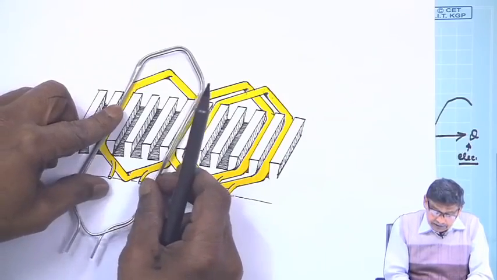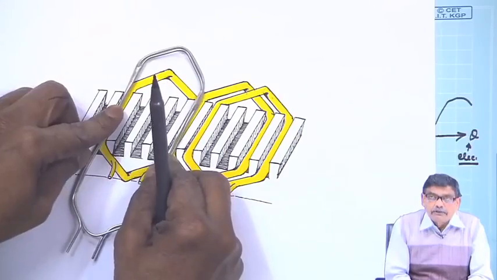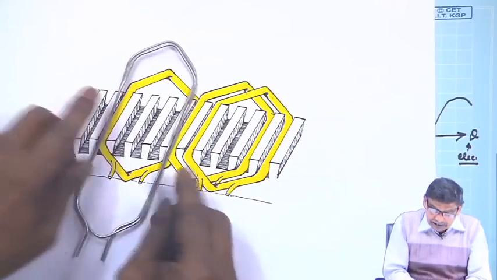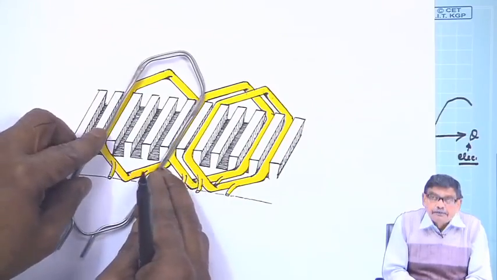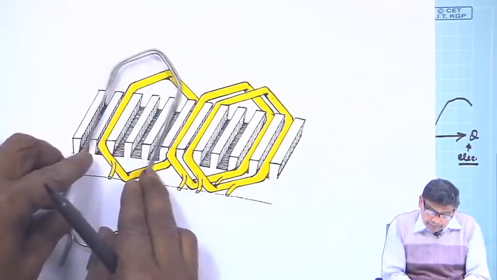Then only the velocity of these two coil sides cannot be different, because the rotor will be moving with some speed and they are fixed in space. Therefore, they will also move with the same velocity.